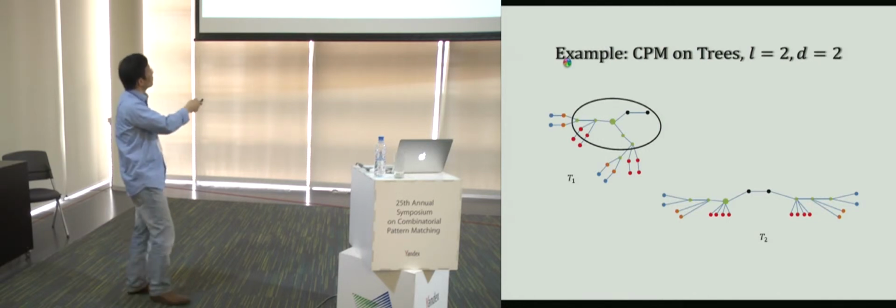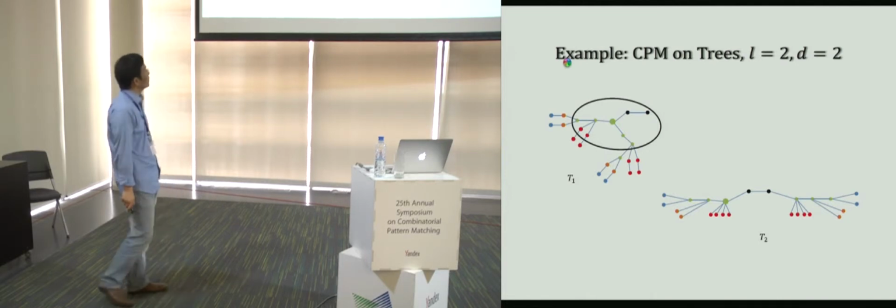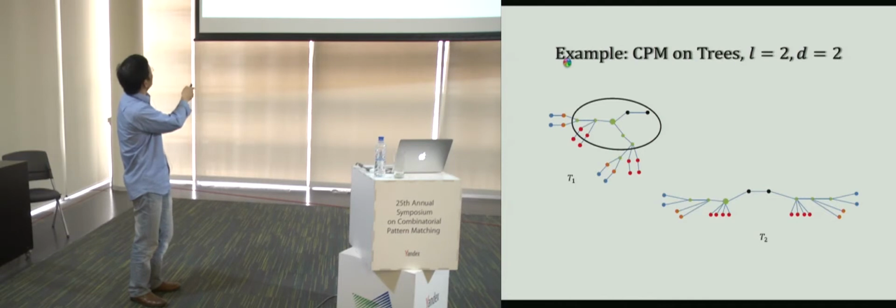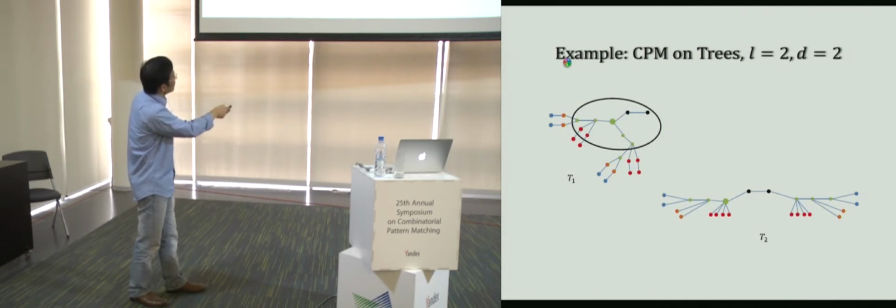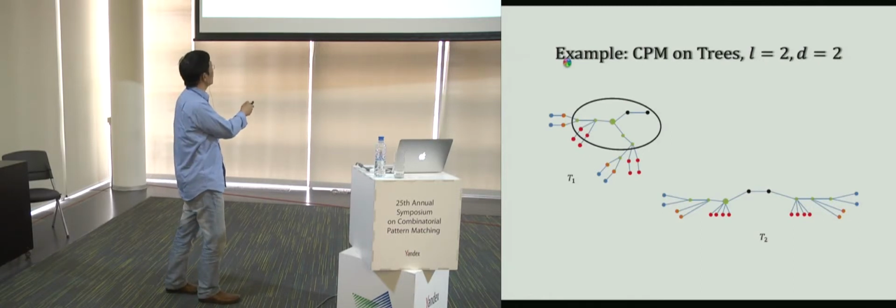Now, if we map this vertex to this guy in the second graph, we can see that the black ones have the same distance to the image as in the first graph. And these two have also the same distance to this guy. But you can see here, these two guys are now mapped to some vertices which are a bit far away from the image of V.